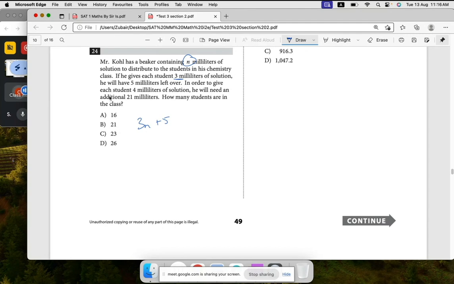To give each student 4 ml, the new total should be 4n, and he will need 21 ml more. So 26 plus 21 equals 4n. Yes.